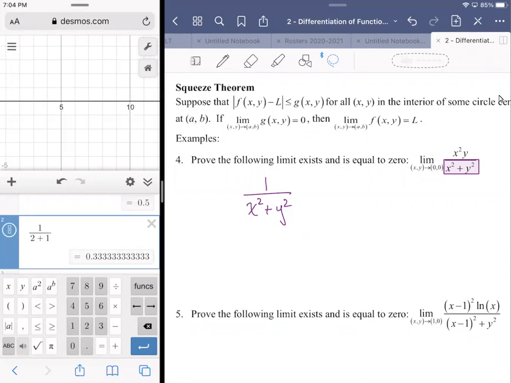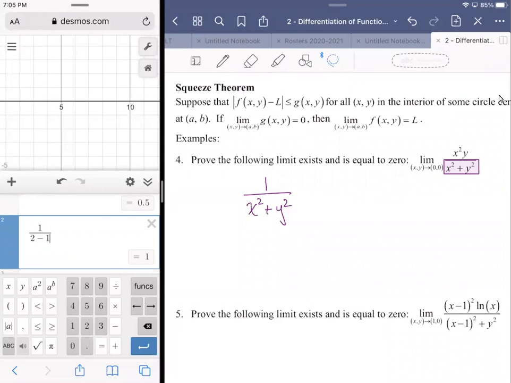That'll guarantee me a smaller value. I could also go the other way. If I want to get a bigger value, I can decrease the denominator. So if I take away something from the denominator, I can get a bigger valued fraction.